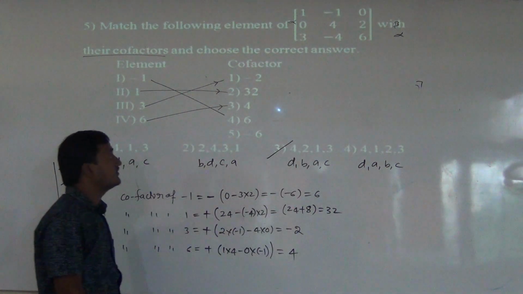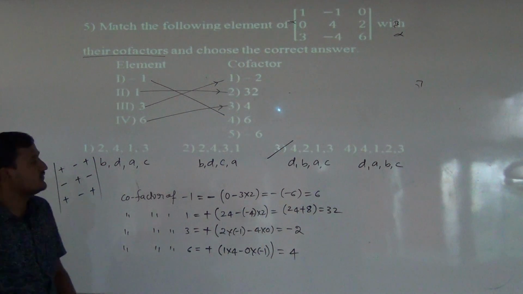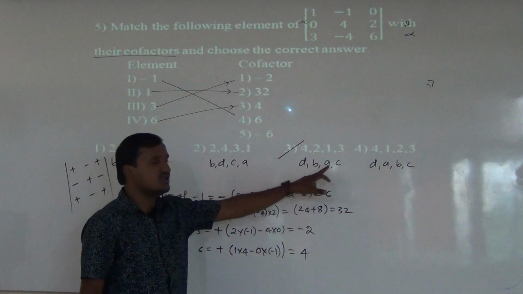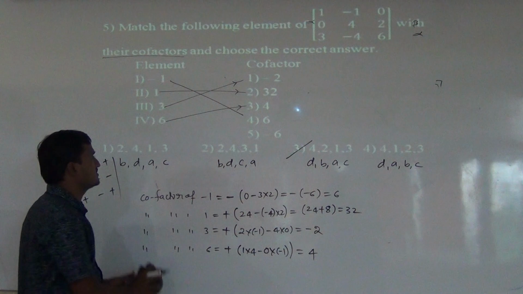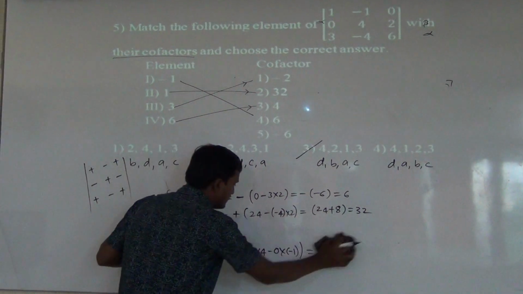That is 4, 2, 1, 3, which means D, B, A, C. Is it right? Next, we will go for the next question.